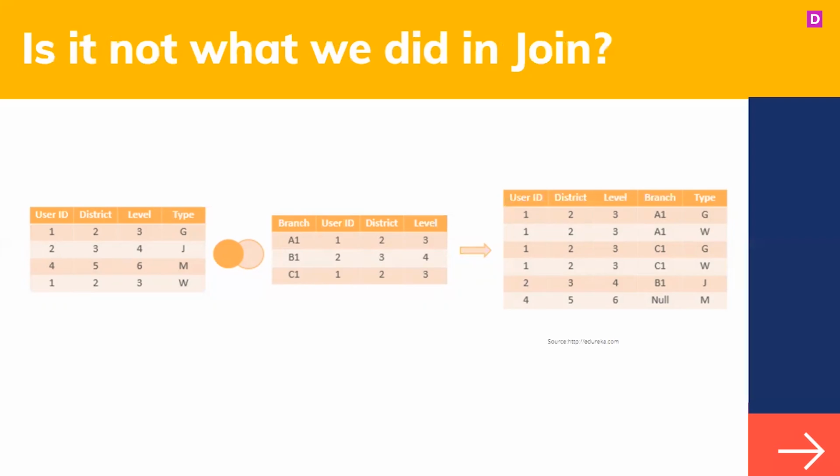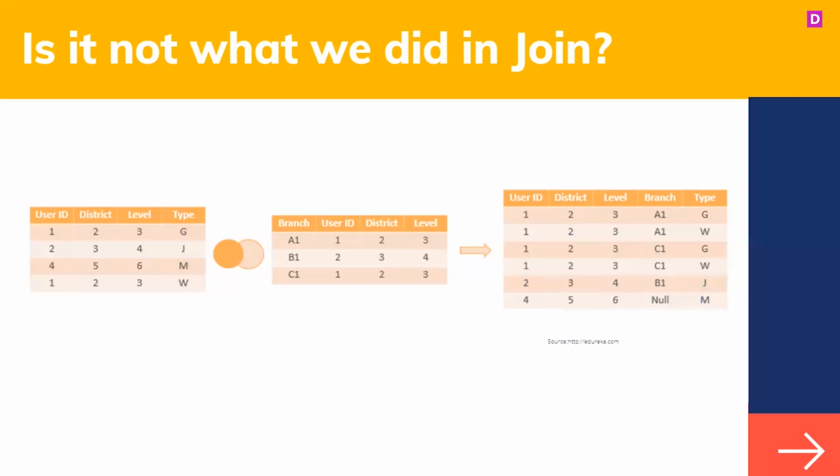Assume you're doing a left join to combine this data; this is the result you're going to get, because the left join has all the rows from the left table and any row from the right table that has a corresponding match in the left table.